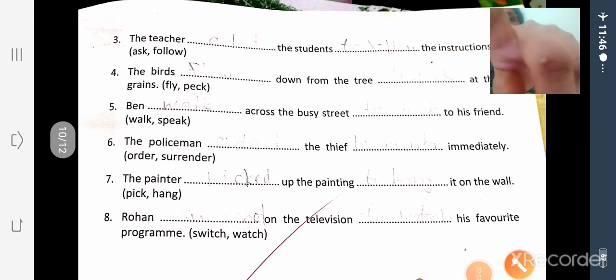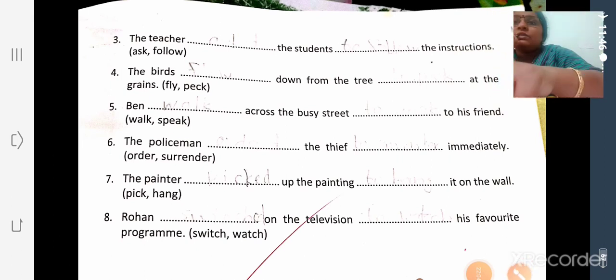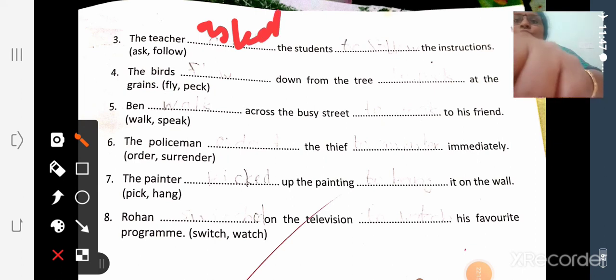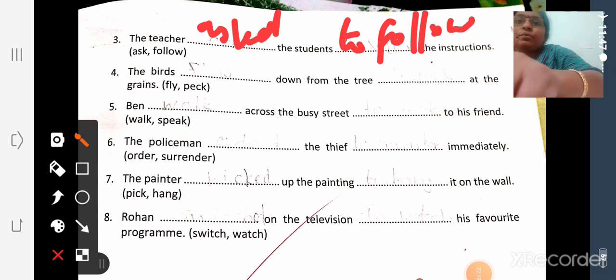Then, the teacher dash the students dash the instruction. The teacher asked the students to follow the instruction. The birds dash down from the tree, dash at the grains.